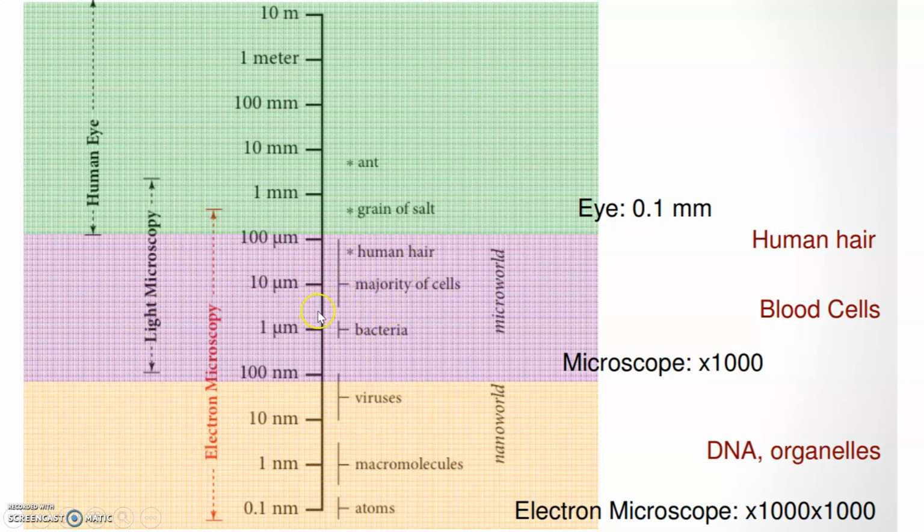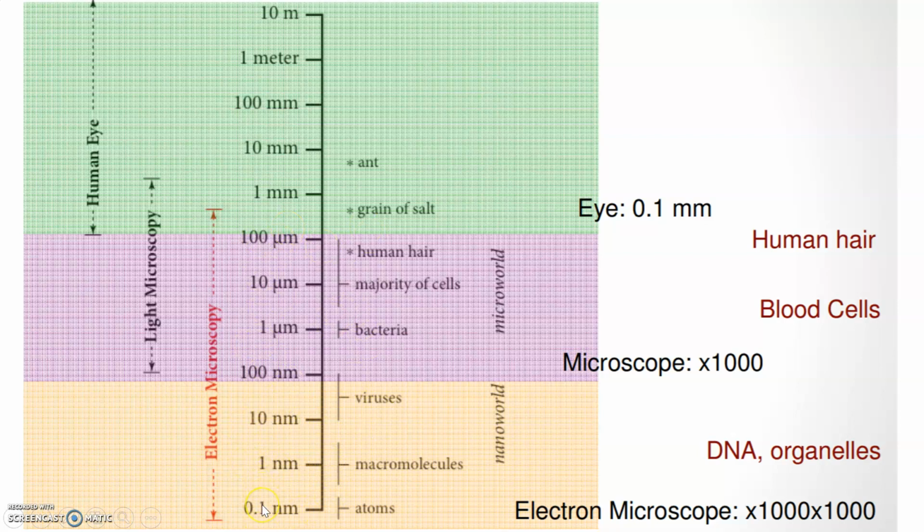That is human hair and the majority of cells such as RBC, WBC, bacteria, etc. And the bottom portion starts from 100 micrometer to 0.1 nanometer.